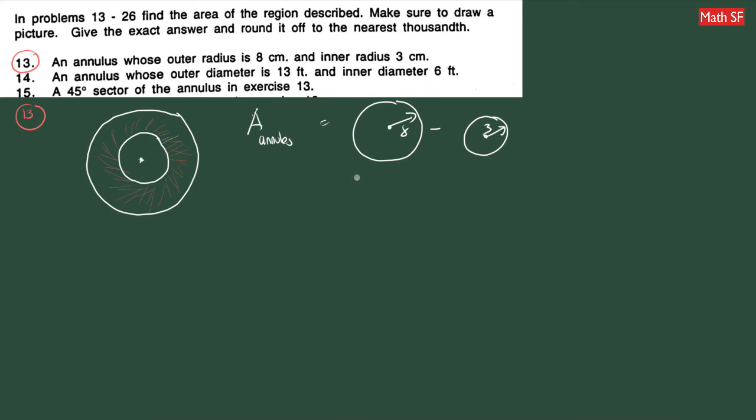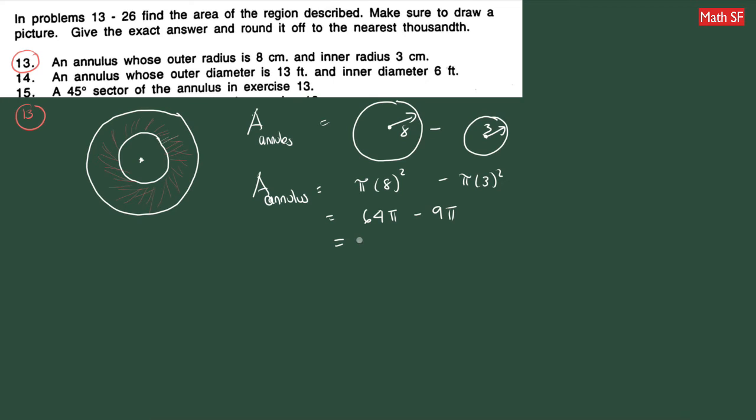So let's recall, what is the area of a circle? It's pi r squared. So in this case, it's pi times 8 squared minus pi times 3 squared. The area of this annulus should be equal to 64 pi minus 9 pi, which gives 64 minus 9.